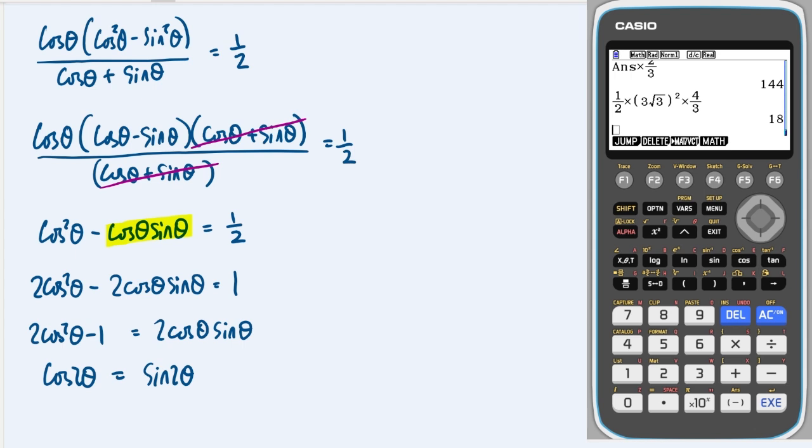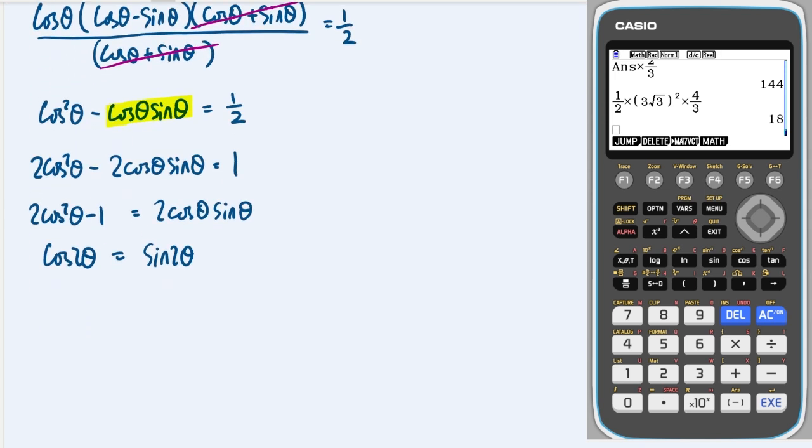And then what we could do is we could divide both sides through by cos 2 theta, and sine 2 theta over cos 2 theta is tan 2 theta. Wonderful. Okay, tan inverse of 1 is of course 45 degrees, or pi over 4.